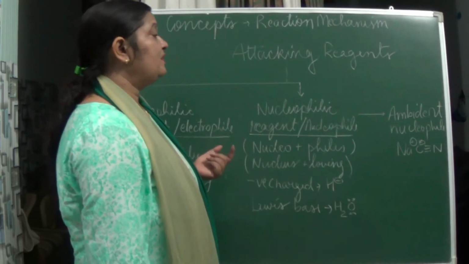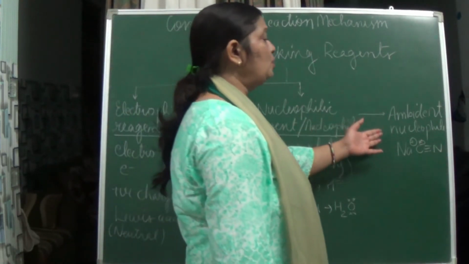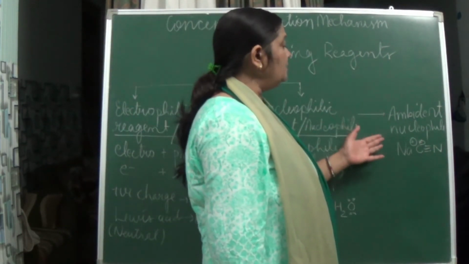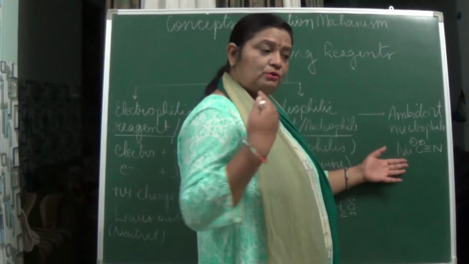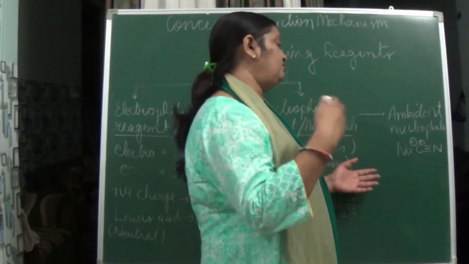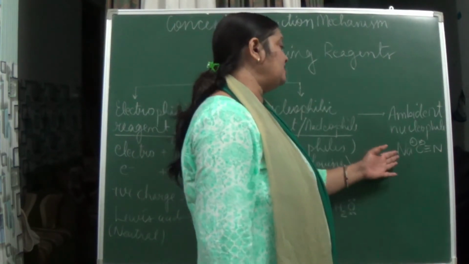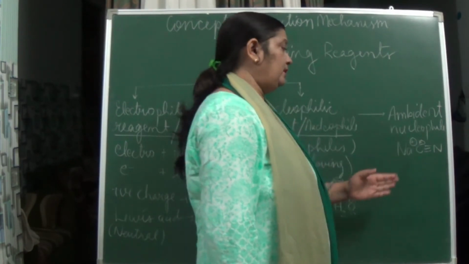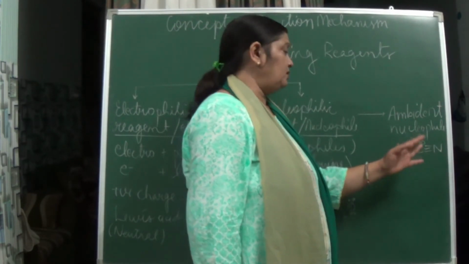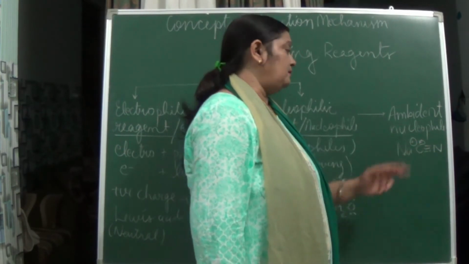Now, what is an ambident nucleophile? Actually, in an ambident nucleophile, either of the two sites can take up the reaction because it will have the same charge. Like if we are saying NaC triple bond N, sodium, carbon and nitrogen are here. CN is bonded by a triple bond.